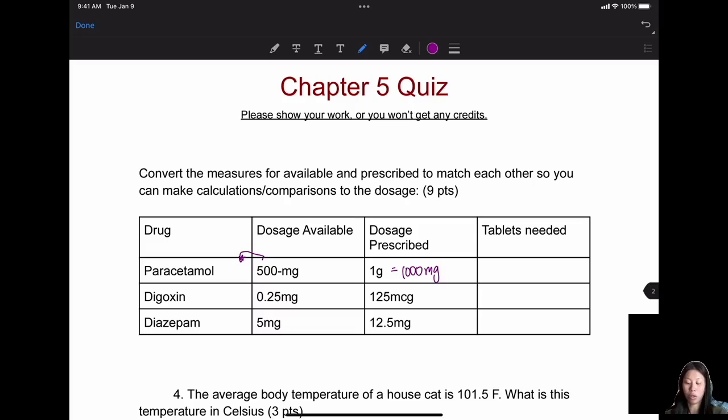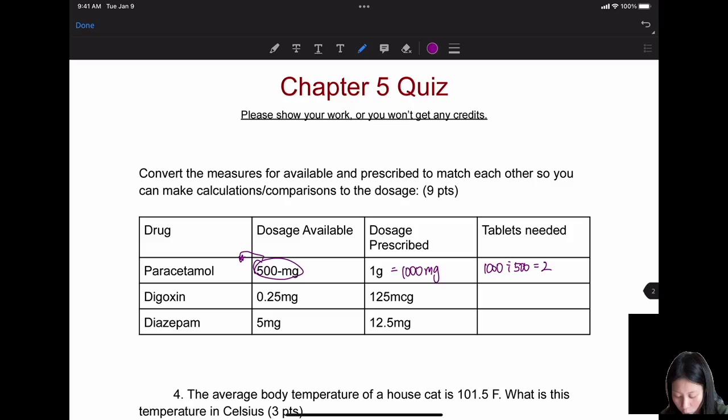So how many tablets do you need? Each tablet contains 500 milligrams, right? So the tablets you need should be 1000 milligrams divided by the dosage available per tablet, which is 500 milligrams, so you need 2 tablets.